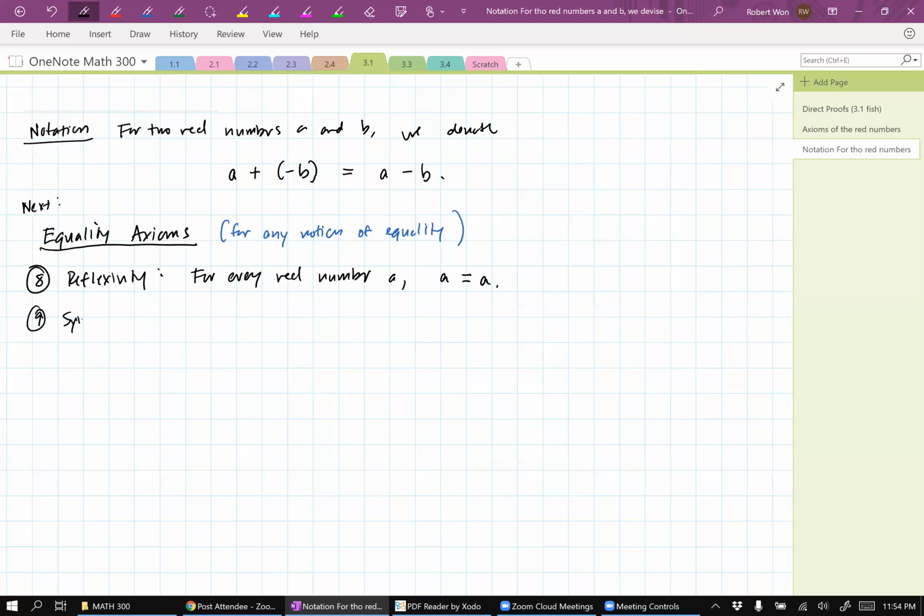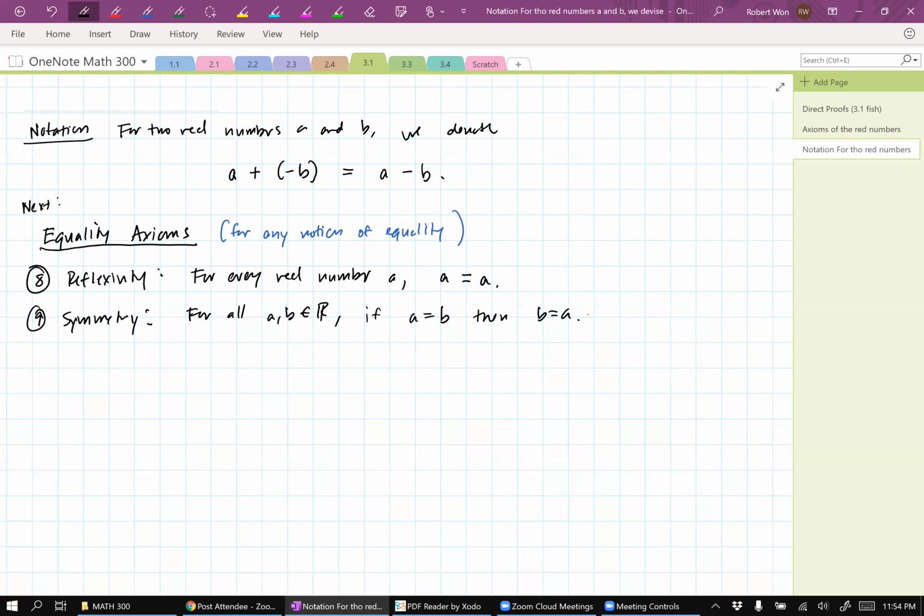Okay, 9 is a property called symmetry. So for all A, B in R, if A equals B, then B equals A. Again, this is a property of this notion of equality.